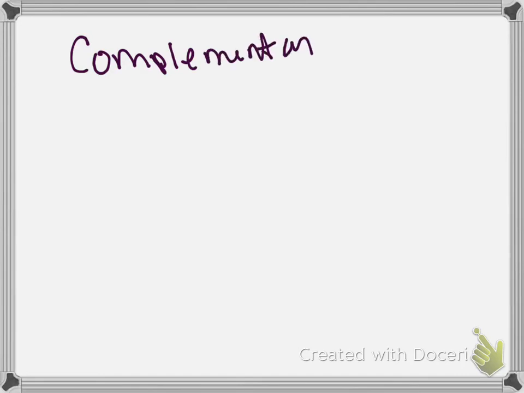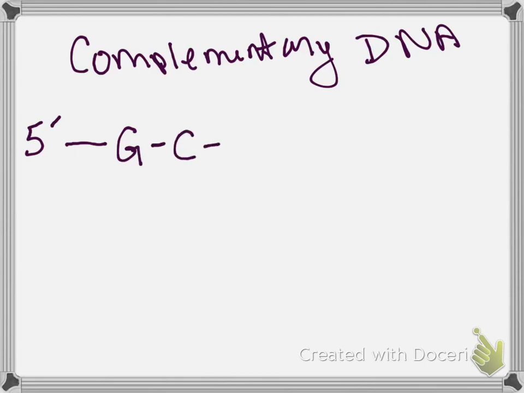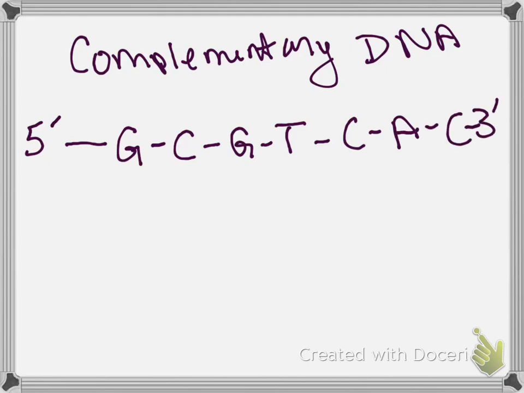So this is complementary DNA. If you have a DNA sequence that is 5' G, C, G, T, C, A, C 3', and I ask you what the complementary DNA sequence is, the first thing you want to do is, on your whiteboard, write your complementary DNA.